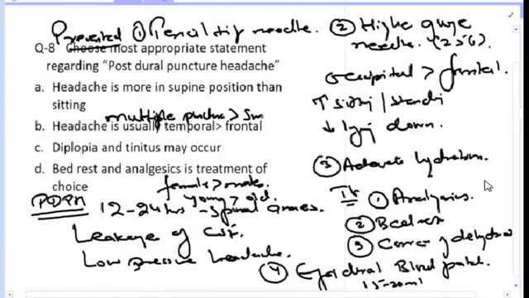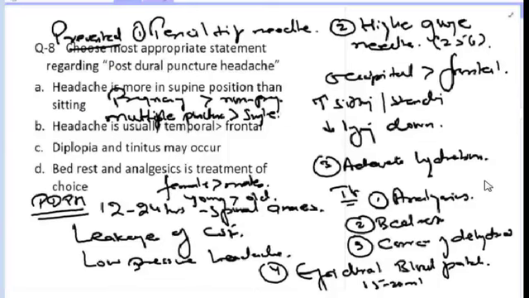It occurs more commonly in pregnant patients than non-pregnant patients, right? So these are a few important points for post-dural puncture headache.